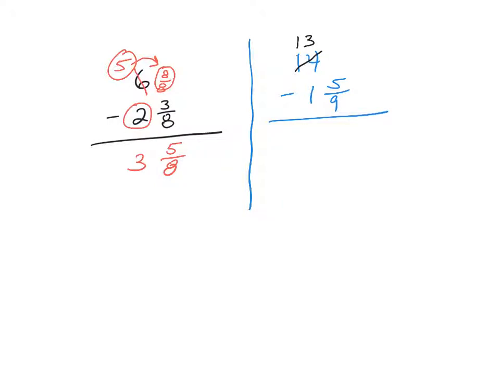That 1 that I took away, I'm going to think of as a fraction, and I'm going to think of it as the fraction 9/9, so that I have a common denominator of 9. Now, 9/9 minus 5/9 gives me 4/9. 13 subtract 1 gives me 12, so my final answer is 12 4/9. 4/9 is in lowest terms.